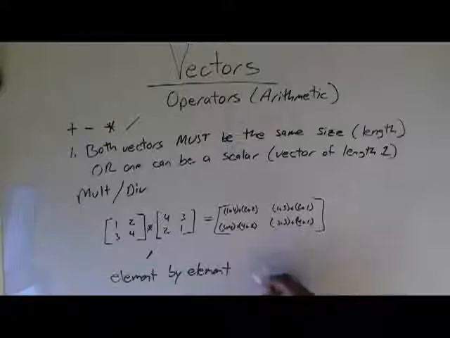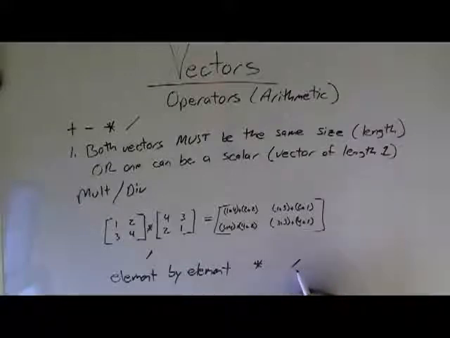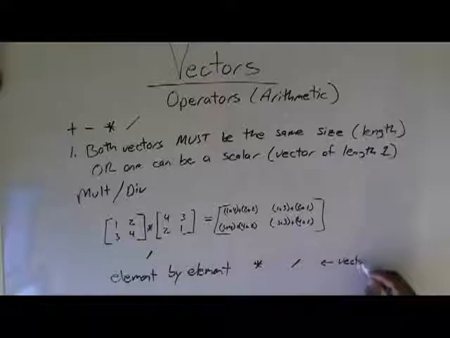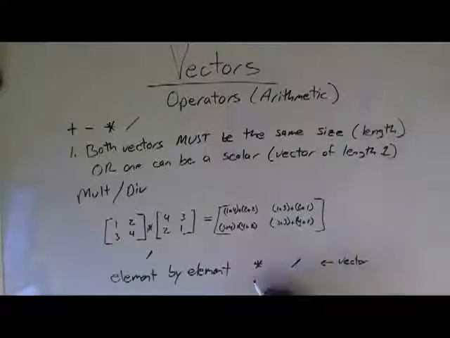Well, the answer is, instead of using just plain old asterisk and slash, which will do vector multiplication and division, or matrices or arrays, if we want element by element, we have to put a dot in front of it.